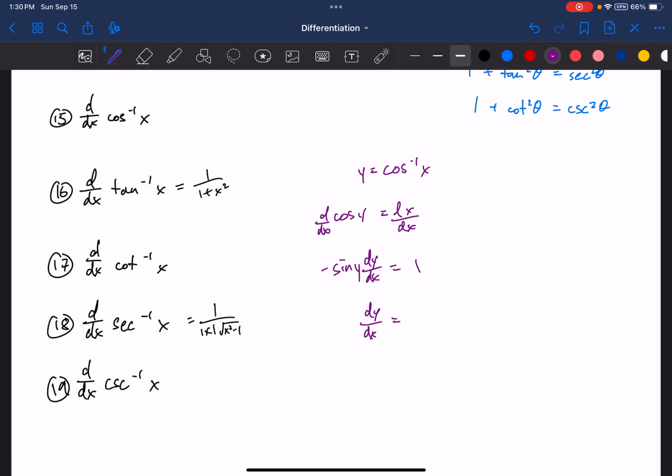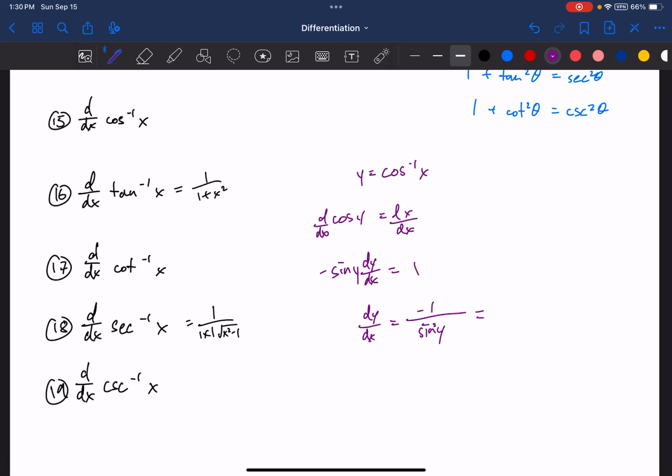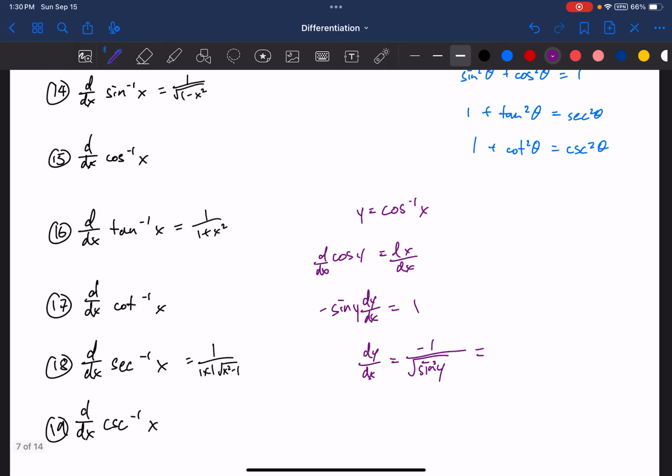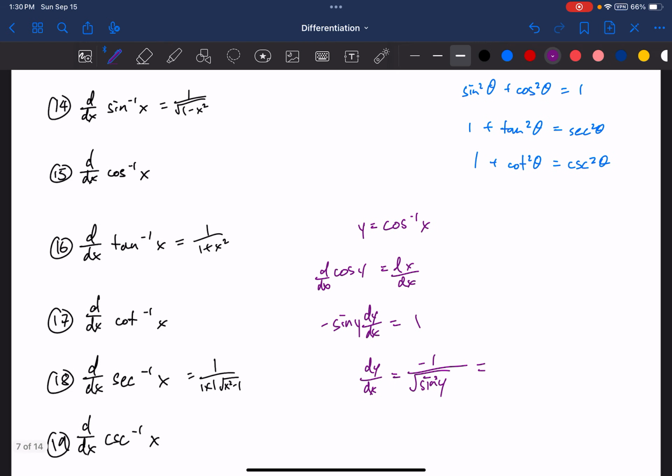You isolate dy dx, this will be negative 1 over sine y. You square and then you root, and then look back at the top. This is similar to this. I put this back.